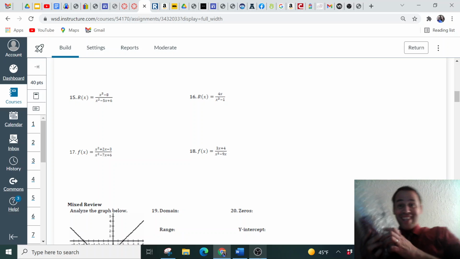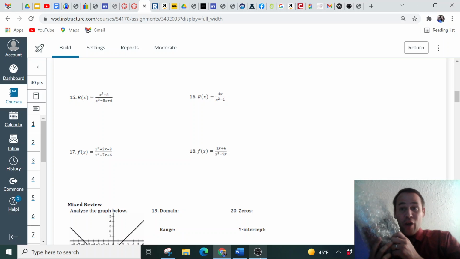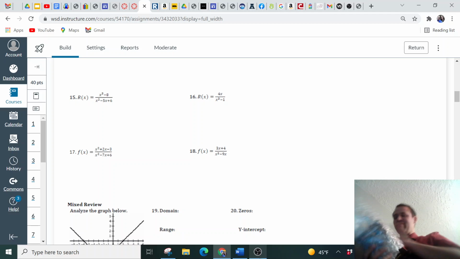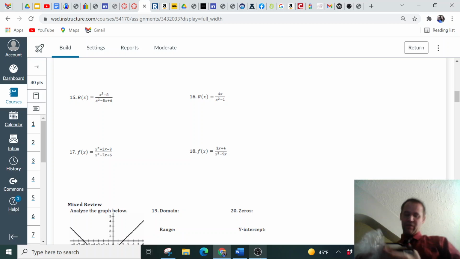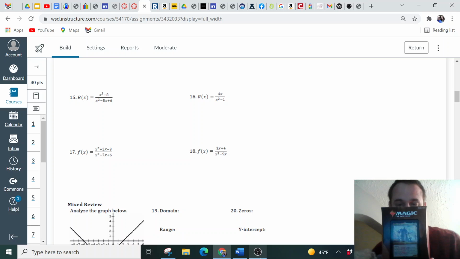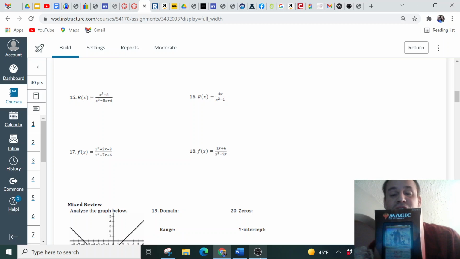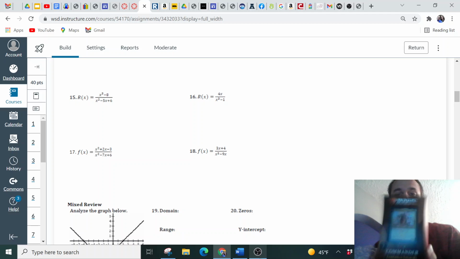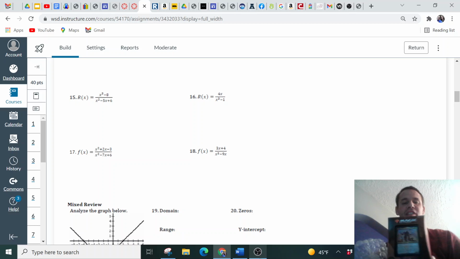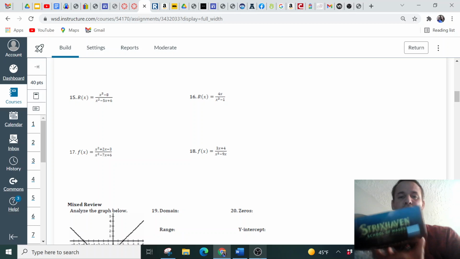And so something that my wife got me, well, I'm going to give it to her to wrap up for sure, but I bought it online, is the new Commander Magic the Gathering Strixhaven School of Mages. Whoa! Price tag says $49, but I actually got it for $40.